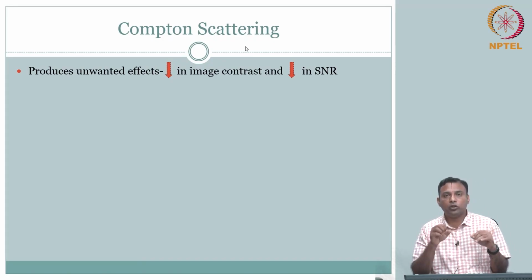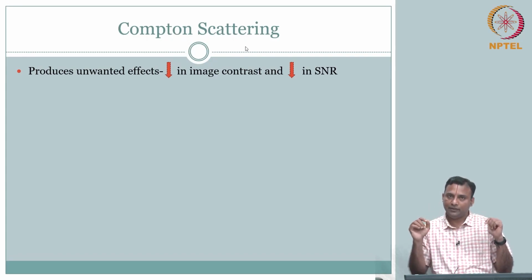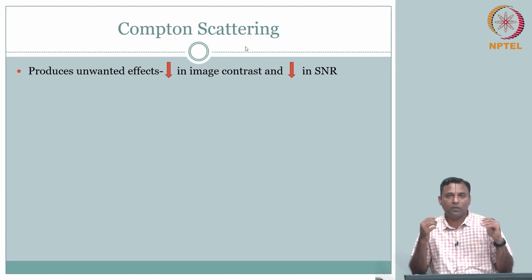Whereas there is always going to be Compton scattering, due to the physics. So what did Compton scattering do? Compton scattering essentially sent out some photons with reduced energy, and they could come at an angle. Okay, so that was Compton scattering.